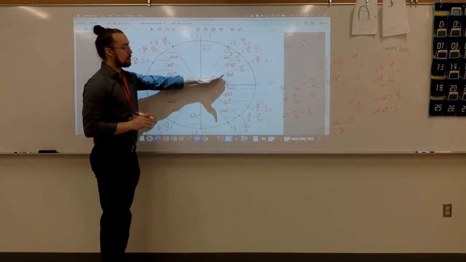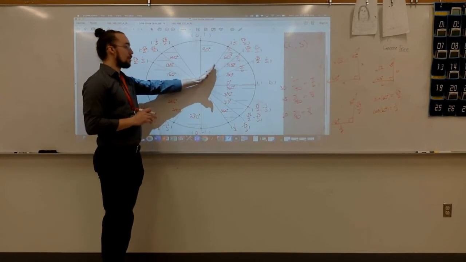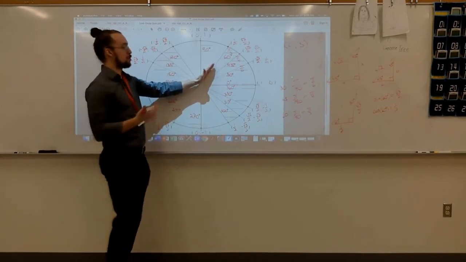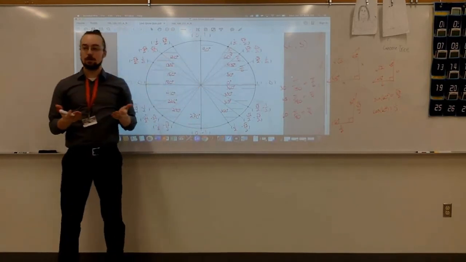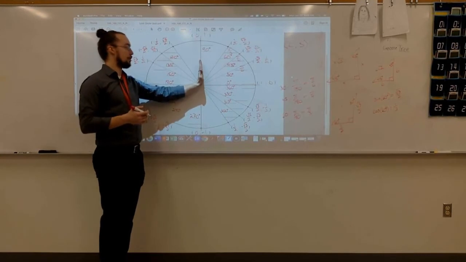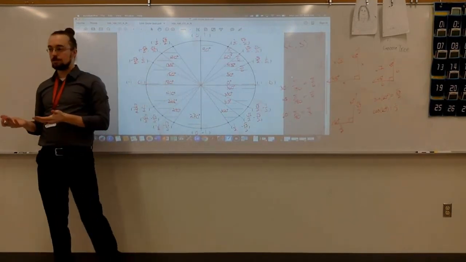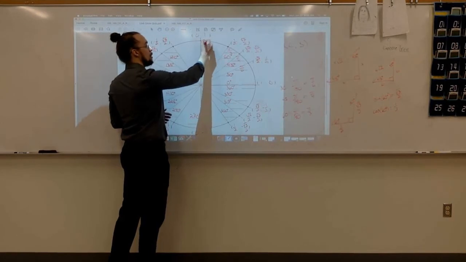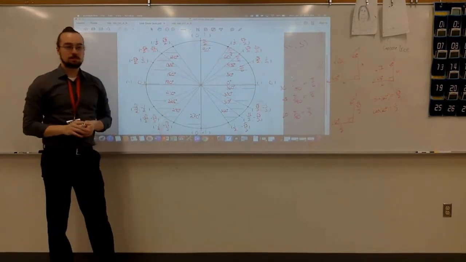So if 30 degrees is pi over 6, and I go another 30 degrees, I'll be at 2 pi over 6. 2 over 6 is the same as 1/3, so this is 2 pi over 6. Another 30 degrees would be 3 pi over 6, which reduces to 1/2.